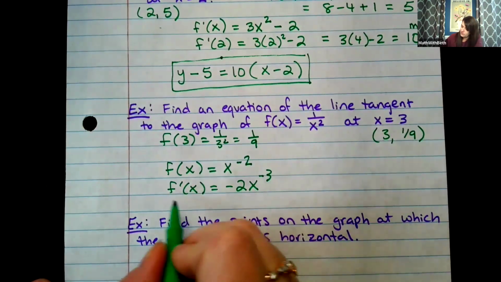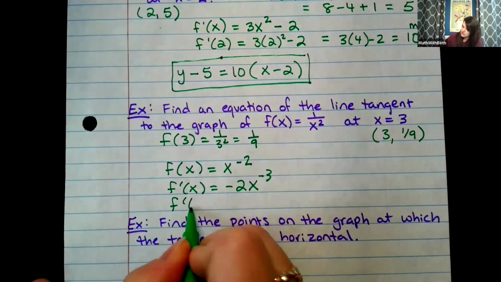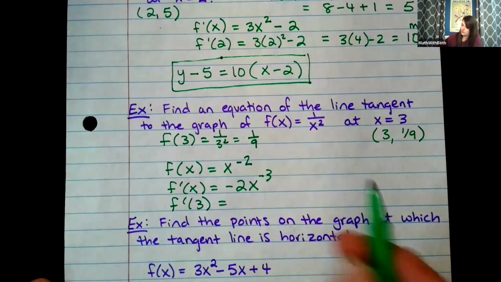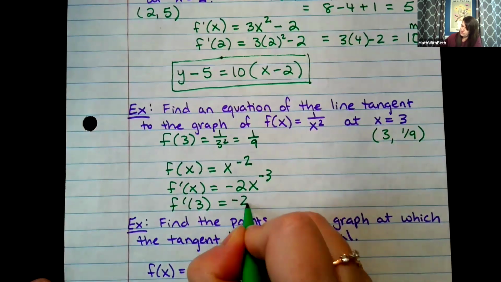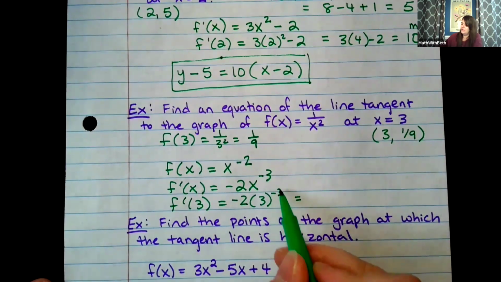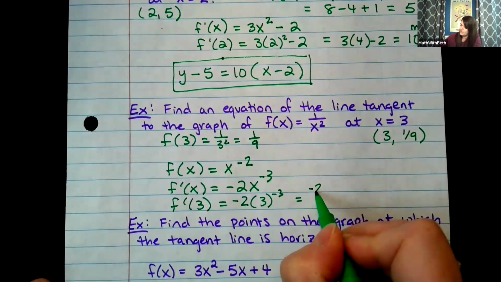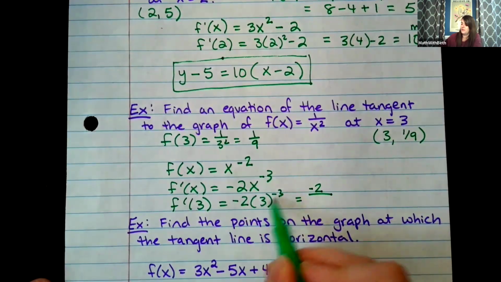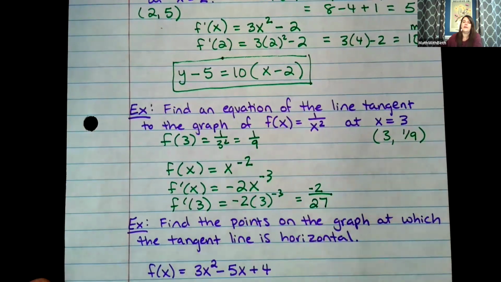And now if I plug in 3 to this, it will give me the slope of the original graph at x equals 3. So negative 2, when I plug in 3, remember this negative really takes the 3 to the bottom. So I really end up having negative 2 on top, 3 to the third on the bottom, which is 27.